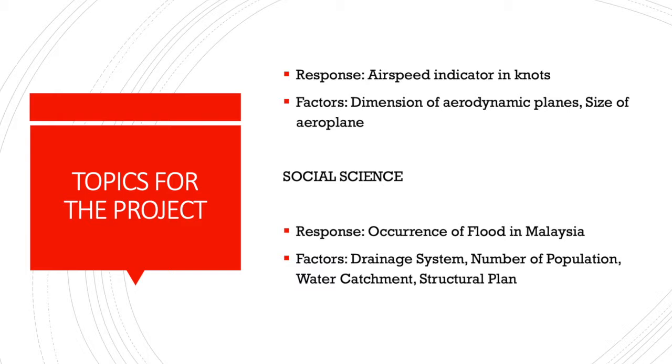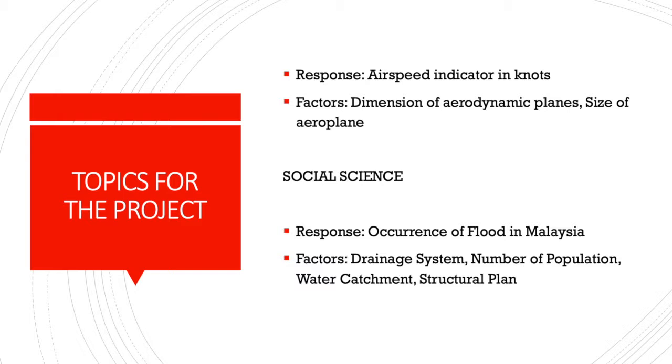So for the social science, here is the list of topics, where you can conduct the study through a questionnaire. But the trick is they have more factors than the experimental studies.